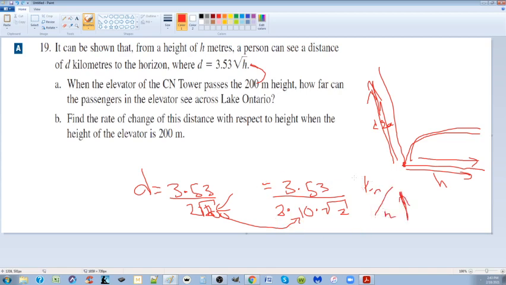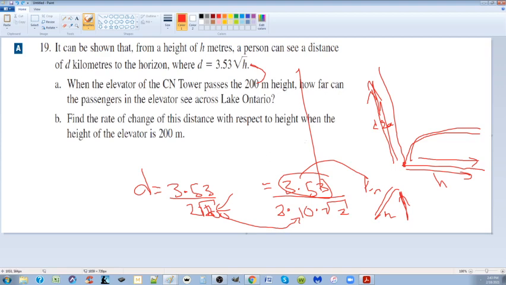So it's a rate that I can see as I'm going up. At the 200 mark, my distance is increasing at 3.53 kilometers per meter that I go up at that spot in the elevator. That's how fast my distance is increasing based on my height in meters.